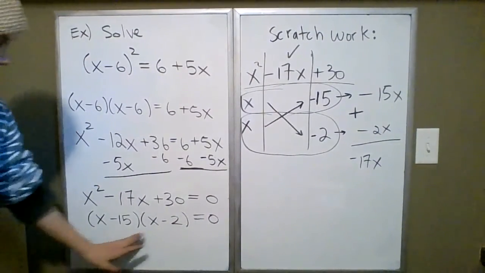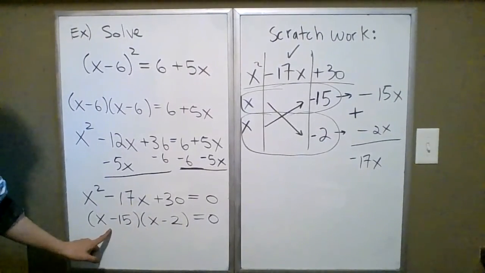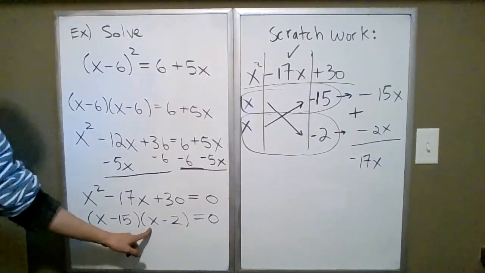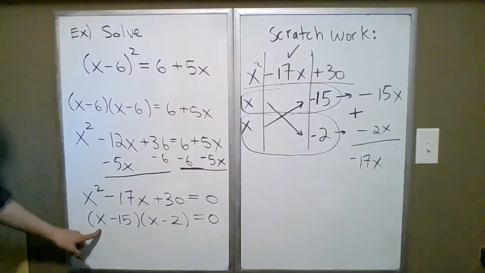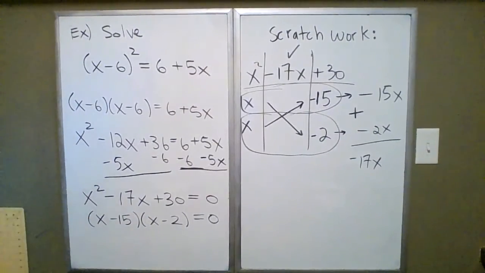Now, when I've got a number times a number equal to 0, I use the property. Either the first factor is 0 or the second factor is 0. So put x minus 15 equal to 0 and put x minus 2 equal to 0, and then solve them both.